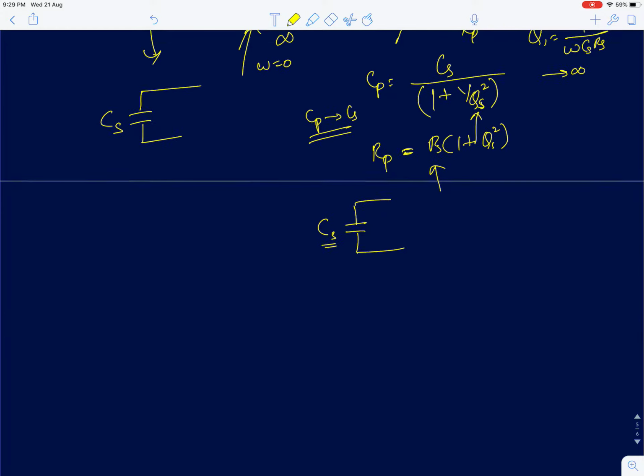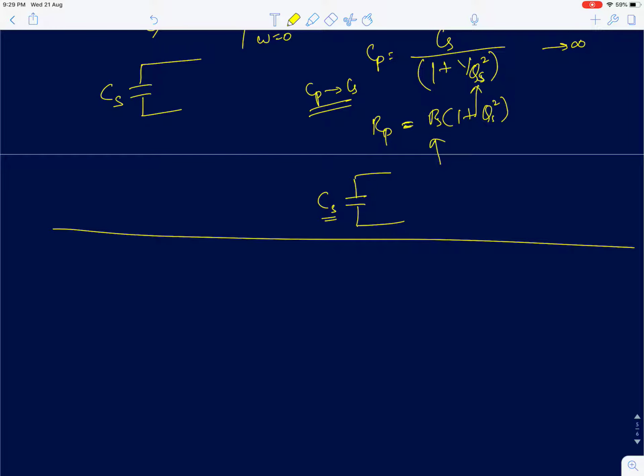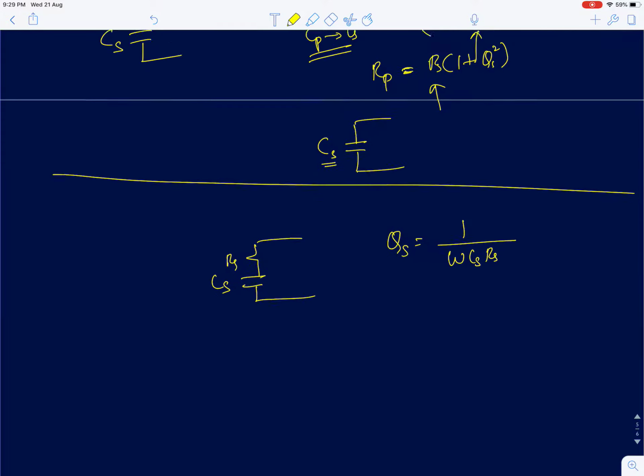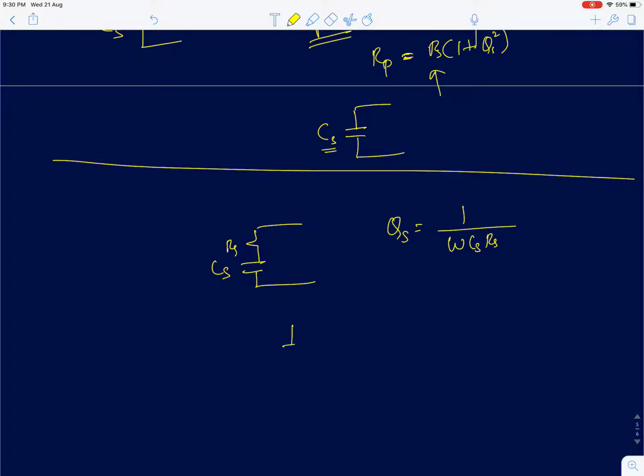Okay. So just to summarize, we just discussed the Q for a capacitor. Okay. And we defined QS, the series Q, as the ratio of impedances, which is 1 by omega CS into RS. And we also said a series network can be converted to a parallel RC network. Okay. And we define QP for that as RP CP into omega.